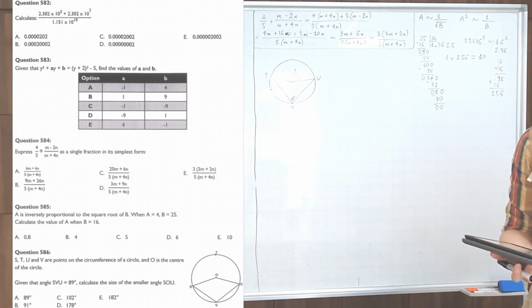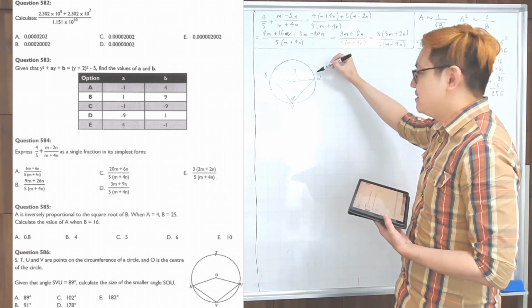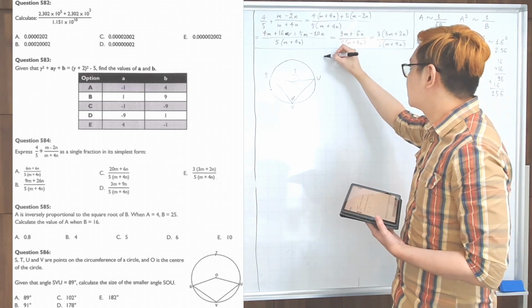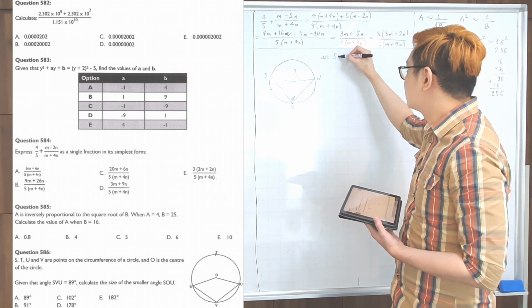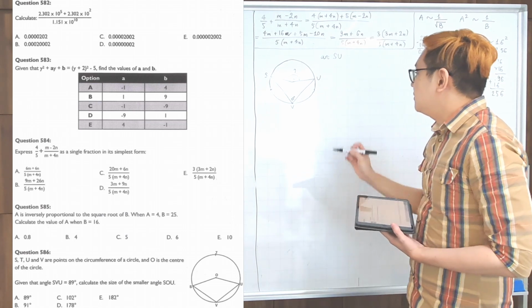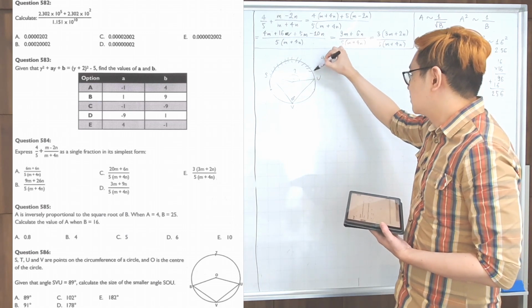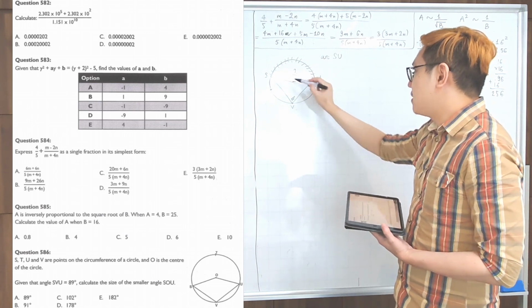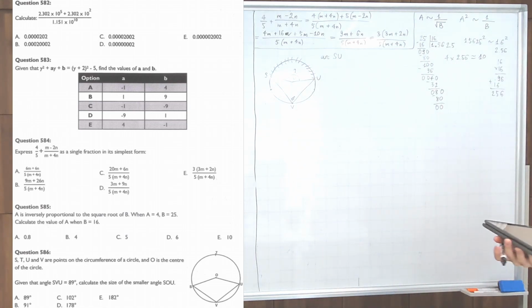If they both look at the same arc, then there is a rule: if these two angles SOU look over the SU arc, right? Okay, these two angles both look at the SU arc.